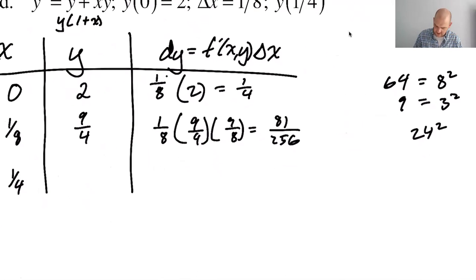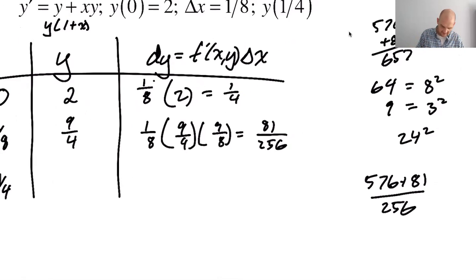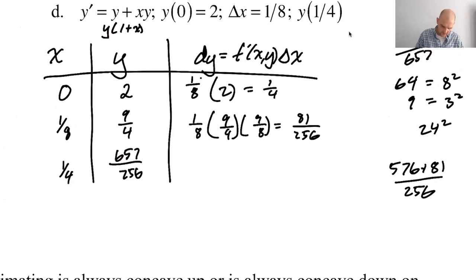So I think it's 576 plus 81 over 256. I'm not going to know it anyway, so I don't know why I'm bothering with this, but I'm going to keep bothering. So 576 plus 81. Also, there's not a billion things to do in this video, so I'm going to waste your time doing these calculations. Might be 657 over 256.